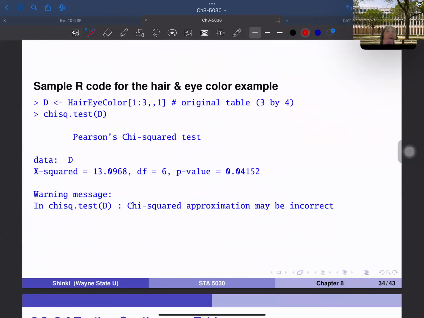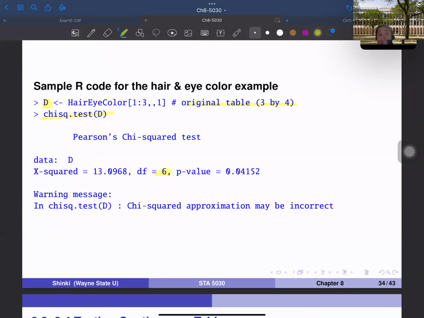And this is the code for the chi-square test. This is called the chi-square test. And this is how to implement it. D is the contingency table. So this is the 3x4 table, the original table. And what we have to do is just type chisq.test of D. So it's very easy. And it reports the degrees of freedom.